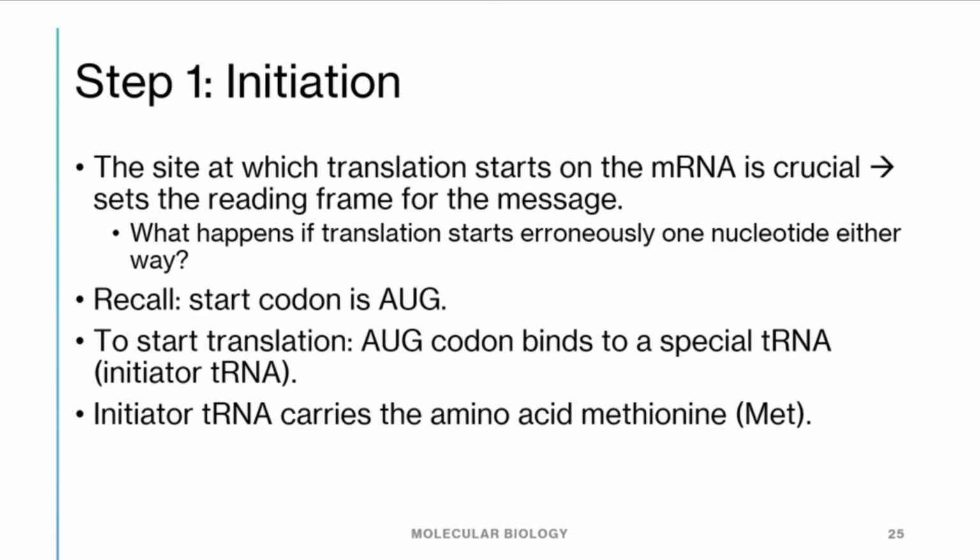Remember, the start codon is AUG, so the AUG codon is going to bind to a special tRNA called the initiation tRNA, and this tRNA has an anticodon which says UAC, right? It binds onto the start codon on the mRNA and carries with it a methionine.